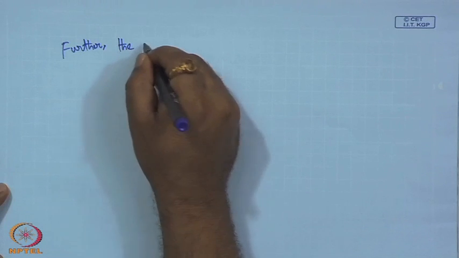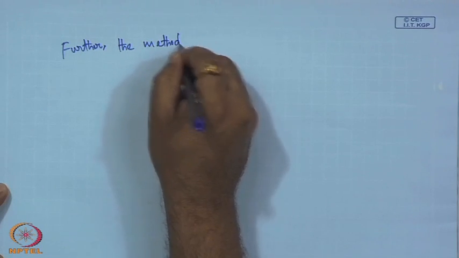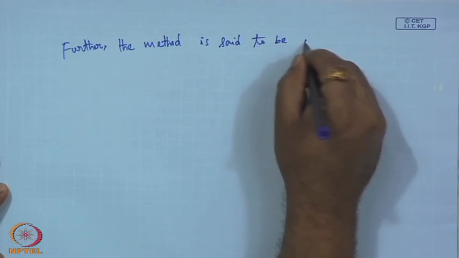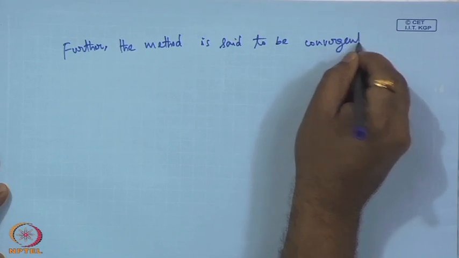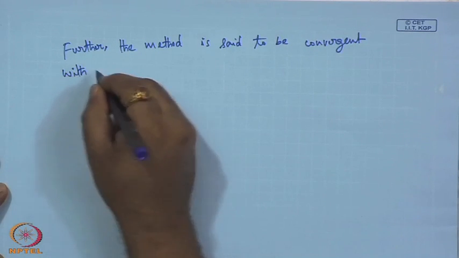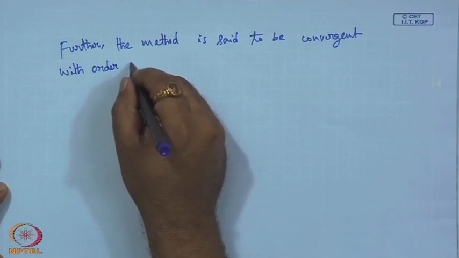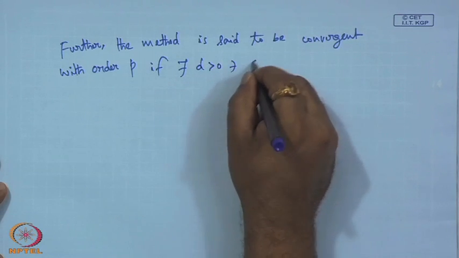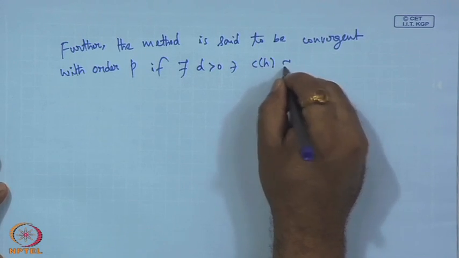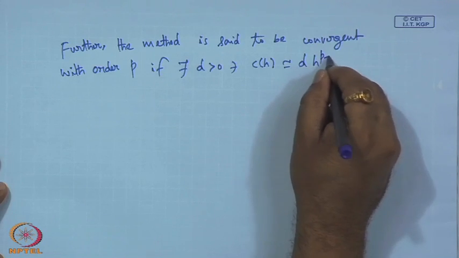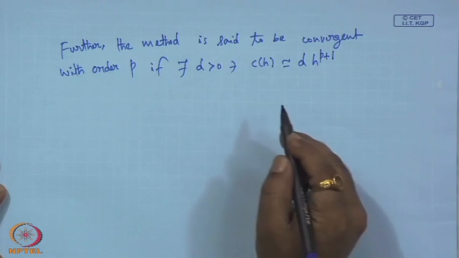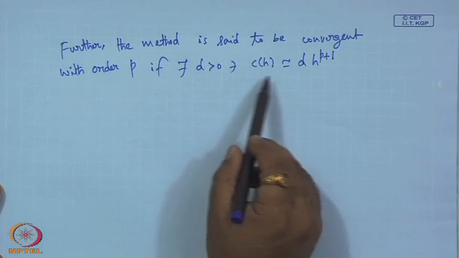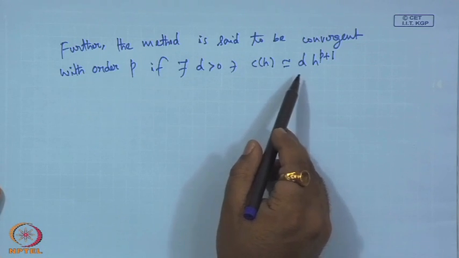Further, the method is said to be convergent with order p if there exists a d greater than 0 such that C of h behaves like this.